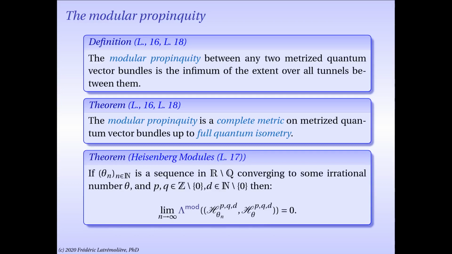Moreover, we were then able to prove, with some effort, that for fixed p, q, d, the family of Heisenberg modules over the quantum tori A theta is continuous in theta for the modular propinquity.